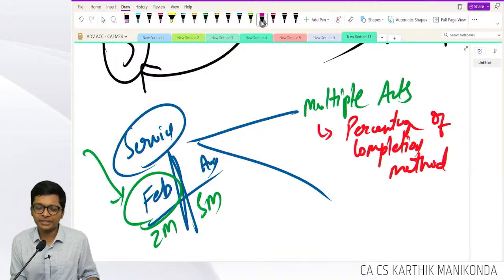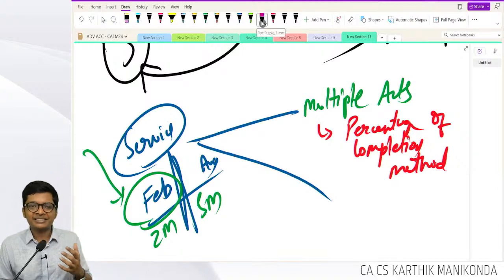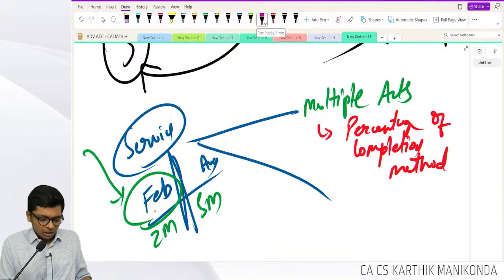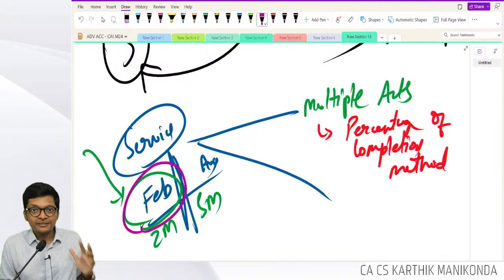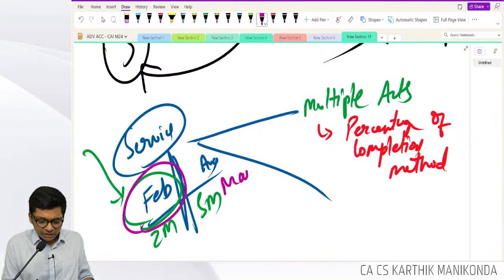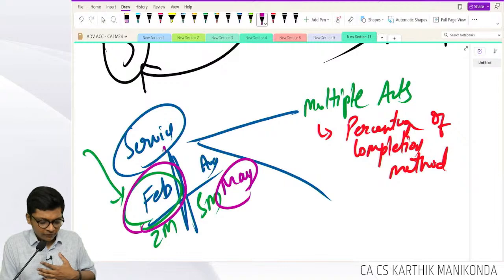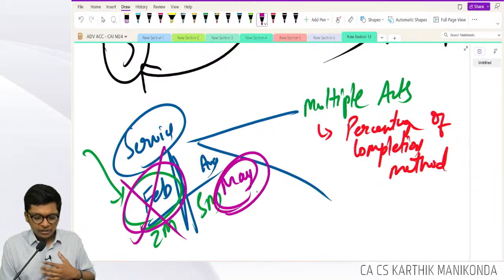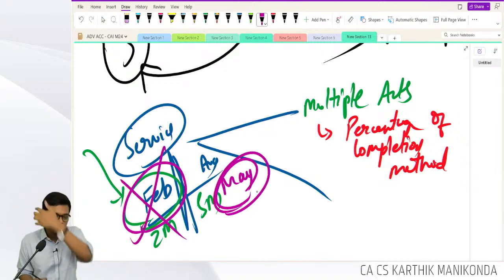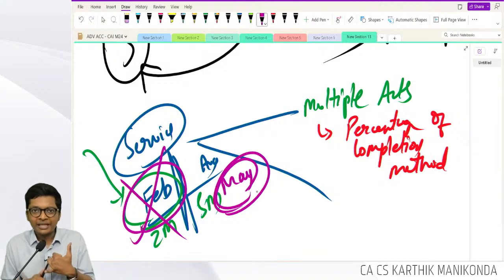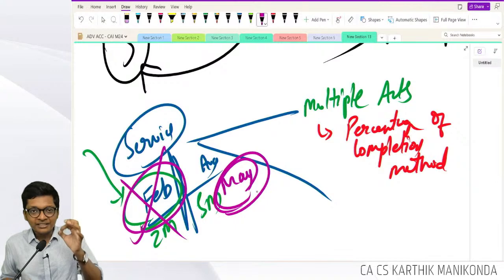Percentage of completion method means on a proportionate basis. Let's say you paid fees for a class, college or whatever. You paid fees in Feb and joined in Feb, but the class started only in May onwards. Then you will not account for revenue in Feb and March. You will account for revenue only from May. Are you following, guys? It is not about time basis. It's not about when you make the payment. It's about when the service is performed.